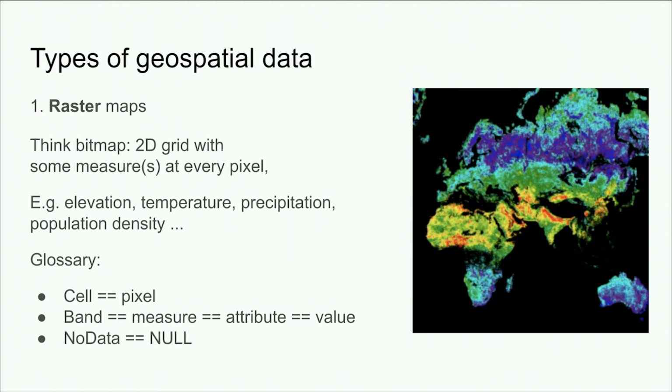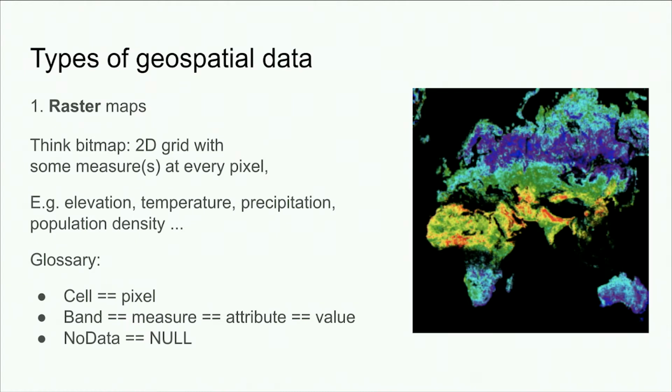So let's talk about types of geospatial data. All geospatial data describes something on the Earth. Something physical, something real that happens around us. But there are different ways to describe that data. The first that comes to mind are probably those maps you see that measure something like temperature on the surface of the Earth.